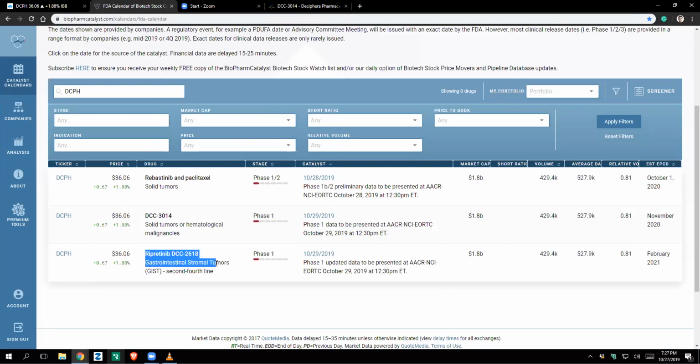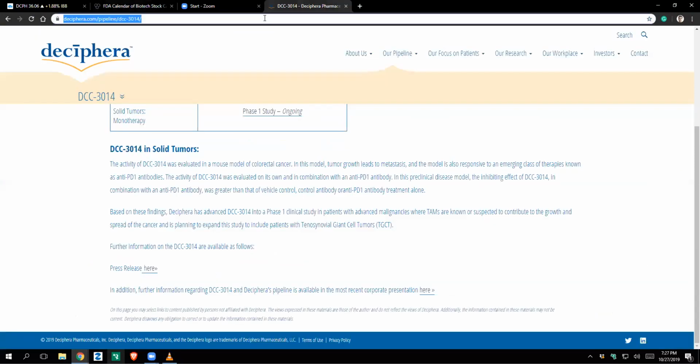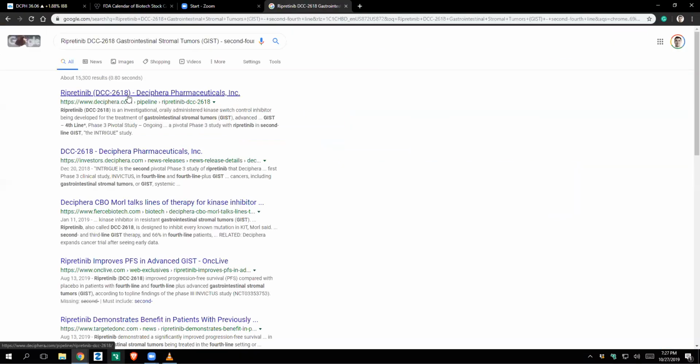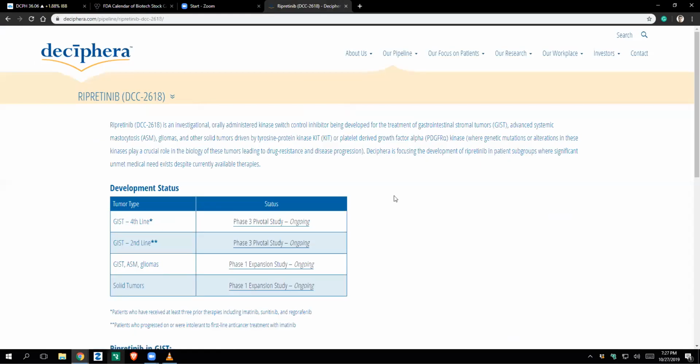Okay. And then they have the 29th, let's look at this. So this is ripretinib. This is an investigational orally administered kinase switch control inhibitor in GIST, systemic mastocytosis, gliomas, other solid tumors driven by tyrosine protein kinase or platelet-derived growth factor alpha.